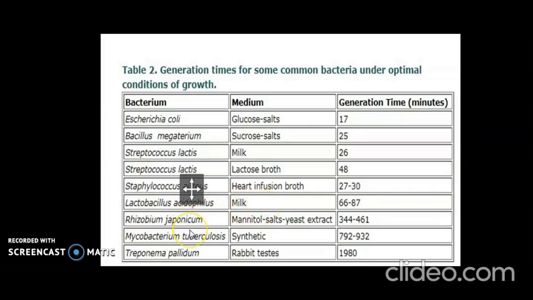In Rhizobium, it's around 344 to 461 minutes, when used in the medium of mannitol salt or yeast extract. And for Mycobacterium tuberculosis, when synthetic media are used, it is 792 to 932 minutes. And in Treponema pallidum, when it is cultivated in rabbit testis, it's around 1980 minutes.